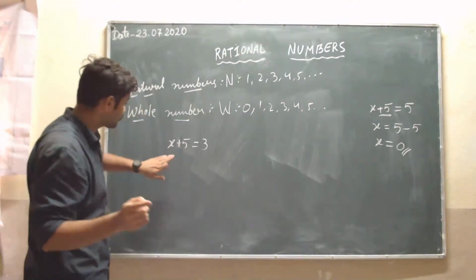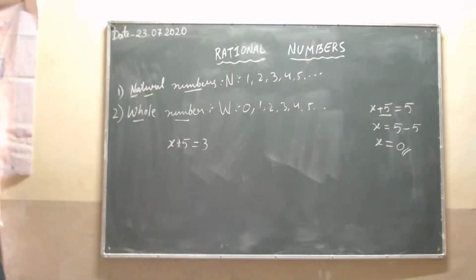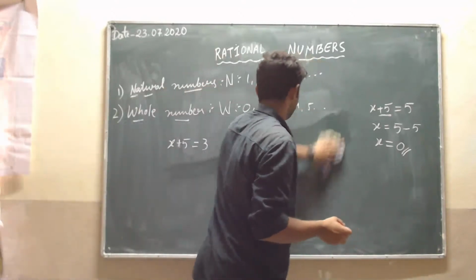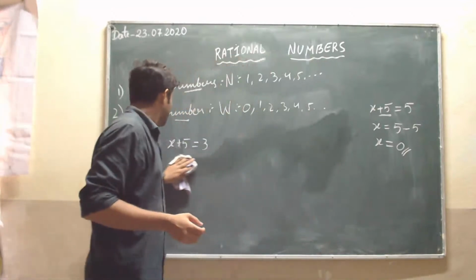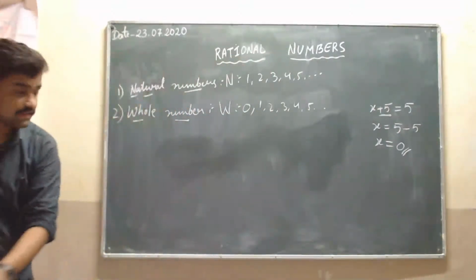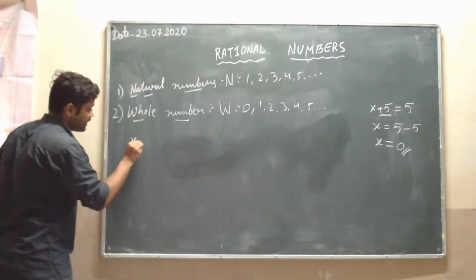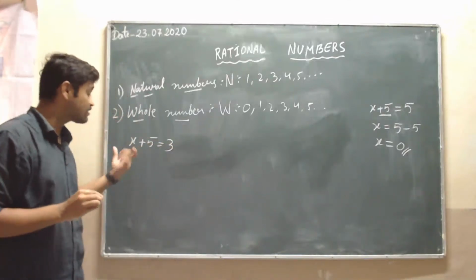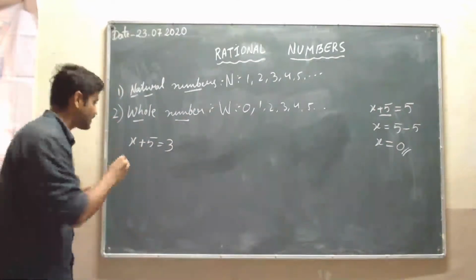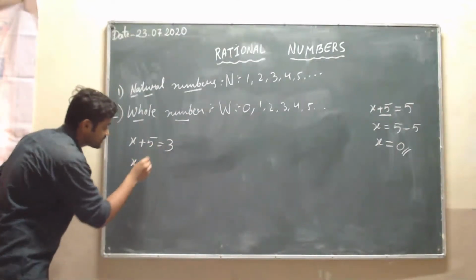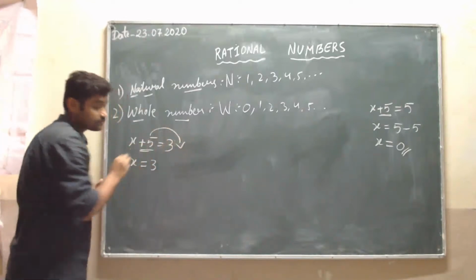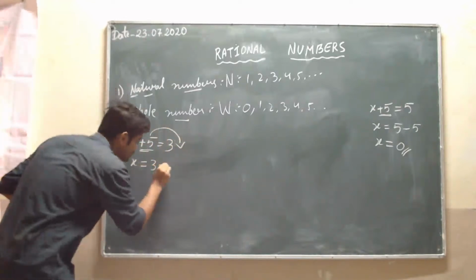Simple, sir. x is equal to 3, and plus 5 goes to this side, that is minus 5.